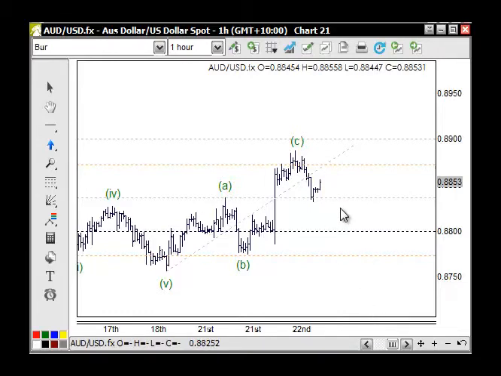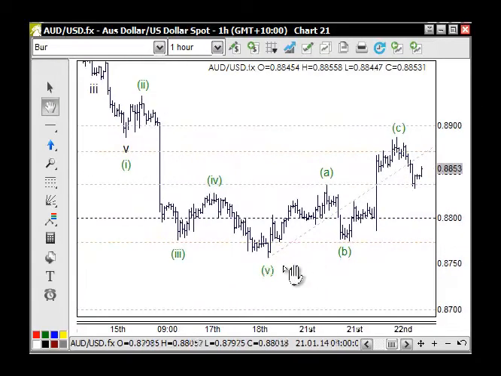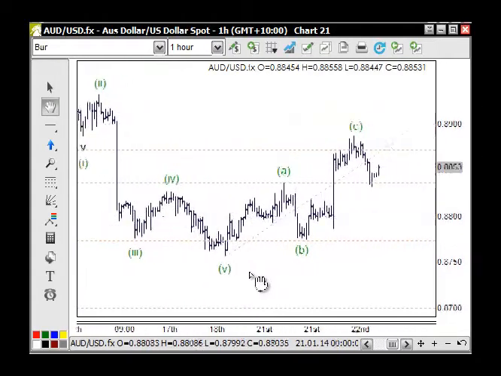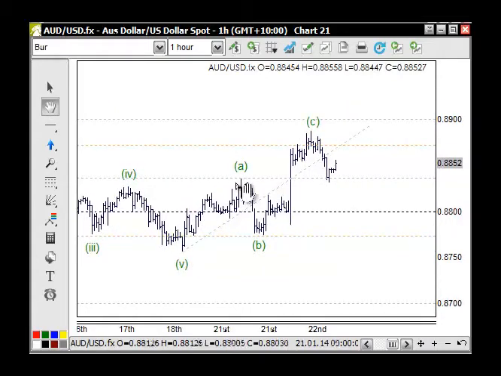But at the same time, we need to be mindful that from this particular low point here, 5 waves down, this could also be counted as wave 1 and back for wave 2, and then another wave 1 or wave 3 moving to the upside, because it has overlapped slightly here on top of wave 1, if that's the case, but not enough to be concerned about.